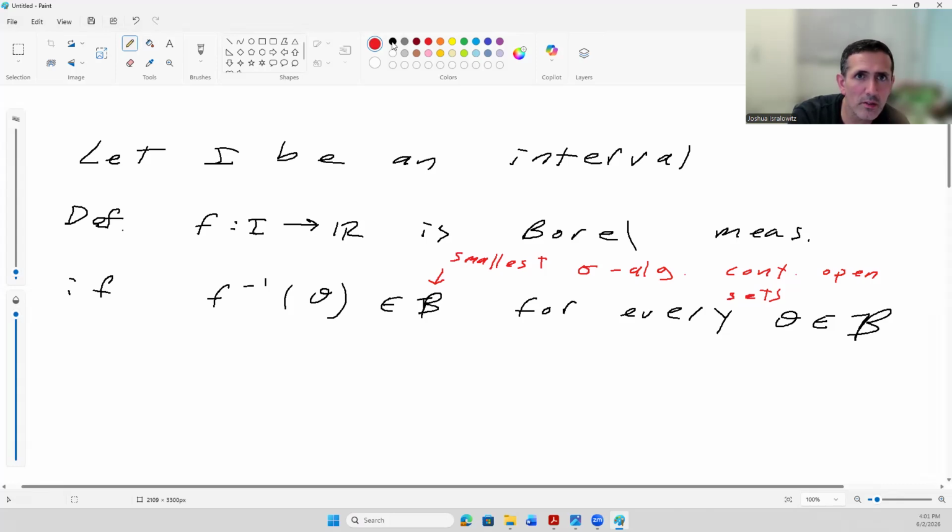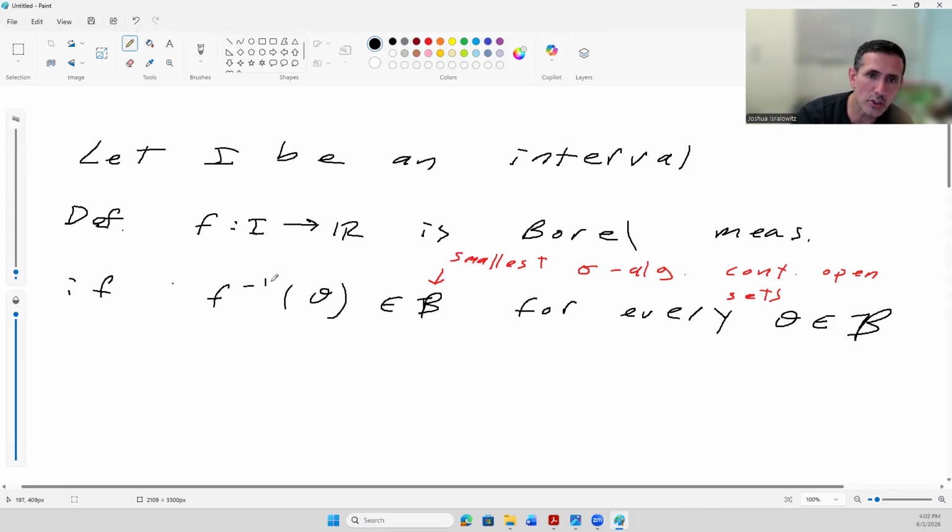One of the nice things about this definition is that it's a bit different from the way we formulated Lebesgue measurability, where we looked at open sets. Remember, a function f on a measurable domain that spits out real numbers is Lebesgue measurable if and only if the inverse image of every open set is Lebesgue measurable.